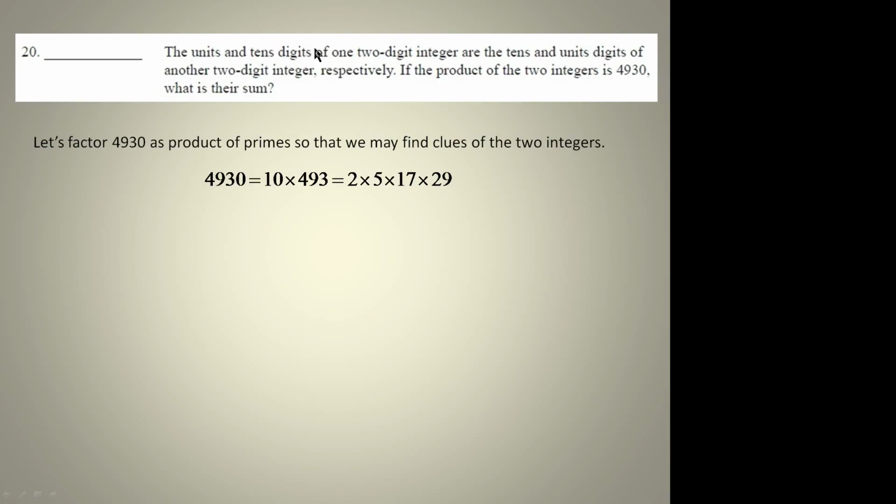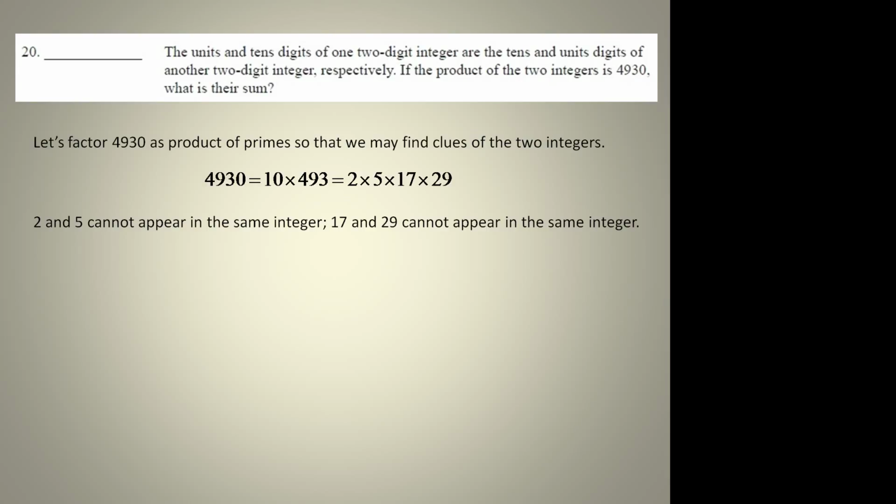So the two-digit numbers will be products of those factors. But one observation is that 2 and 5 cannot occur in the same integer, because if 2 and 5 occur in one of them, then it will have the unit digit 0.